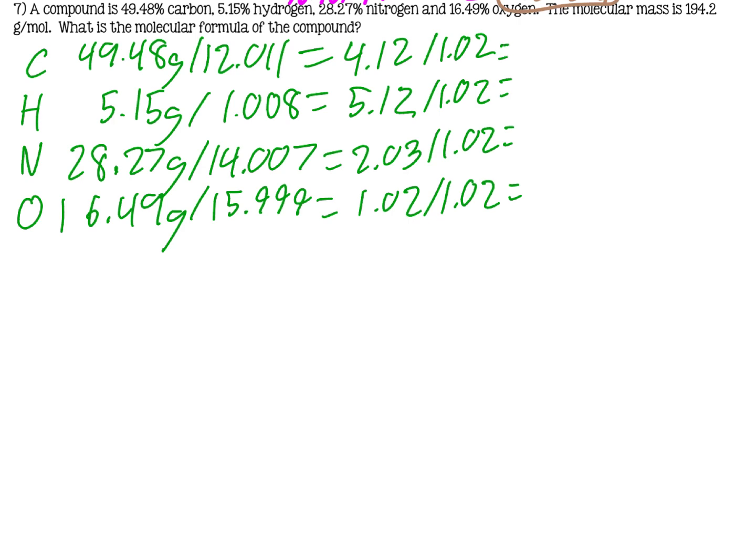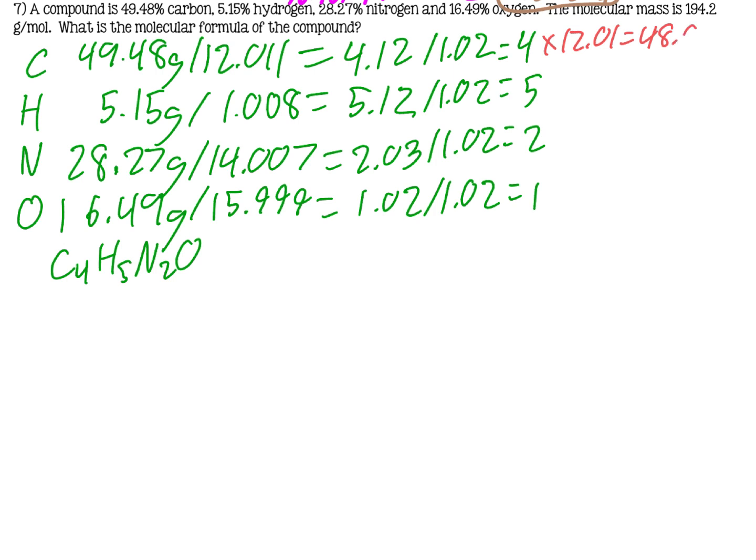This means that our empirical formula is C4H5N2O. Now let's find the empirical formula's mass. So 12.01 times 4 is 48.04. Then 5 times 1.01 is 5.05. Then we have 2 times 14.01 is 28.01. And 1 times 16 is 16.